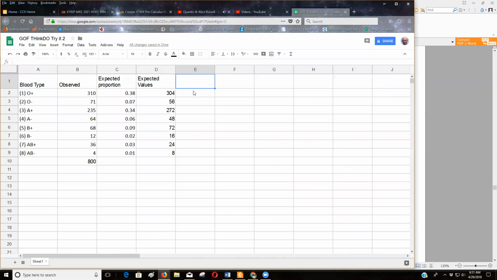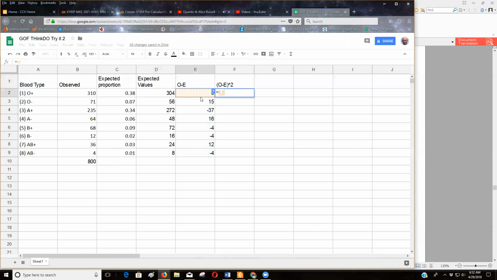So I'm going to do the O minus the E part. So equals the observed numbers minus the expected number, and I'll fill that down. That just took the 310 minus the 304, the 71 minus the 56, etc. Then the formula asks me to square these differences.